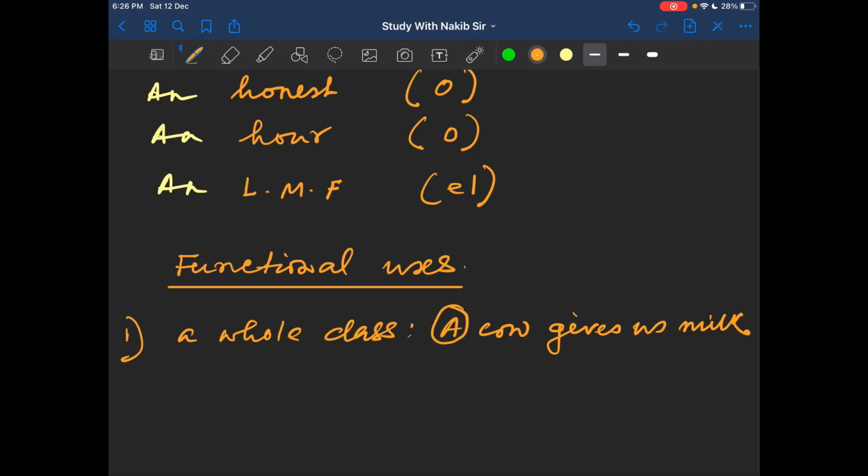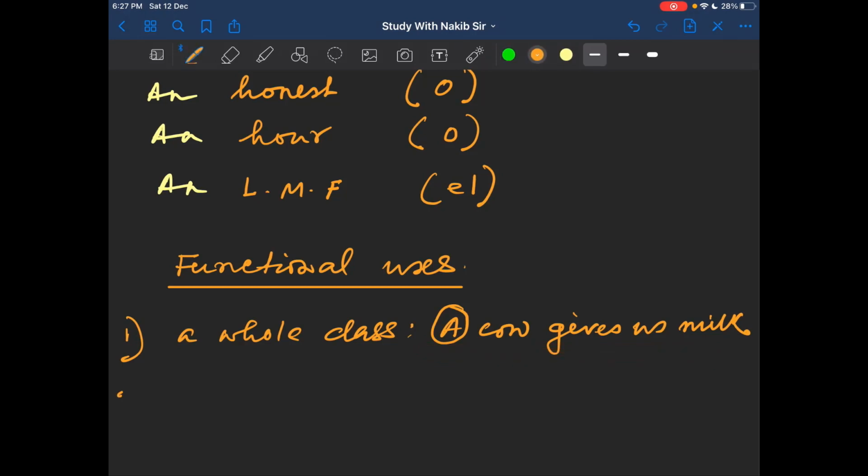Here, this a is an article and it is used before the noun cow to indicate the whole class of cows. A cow gives us milk means all cows give us milk. So, functionally, an article is sometimes used before a noun to indicate a whole class.